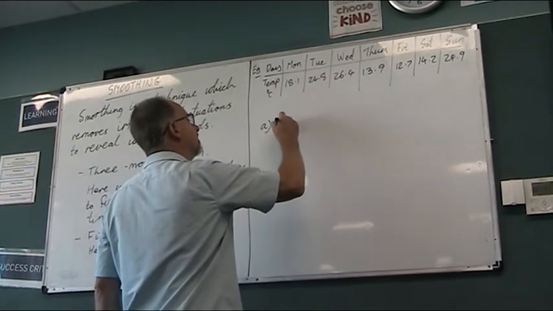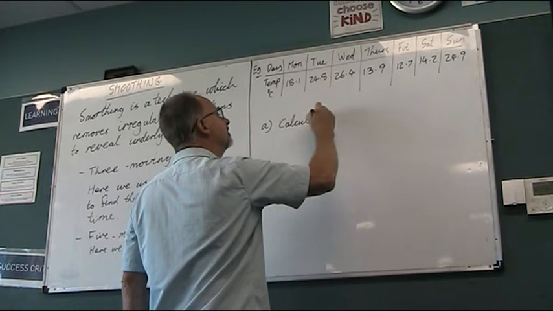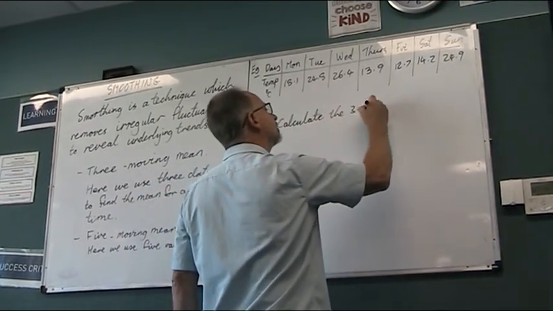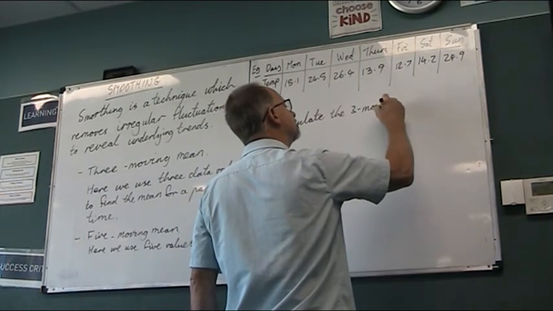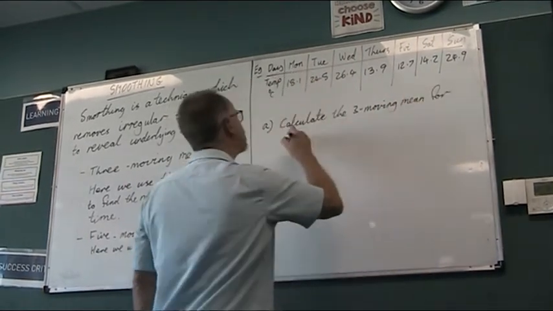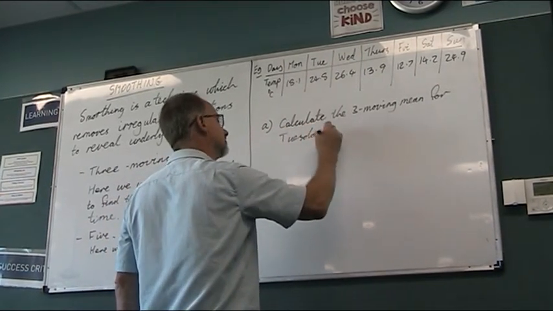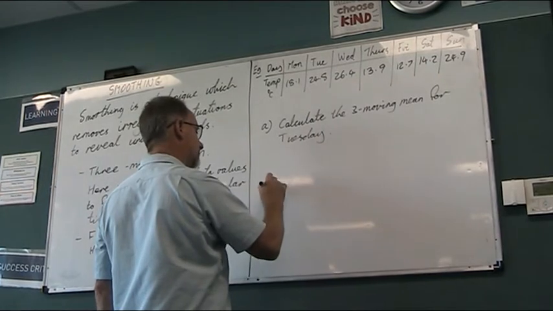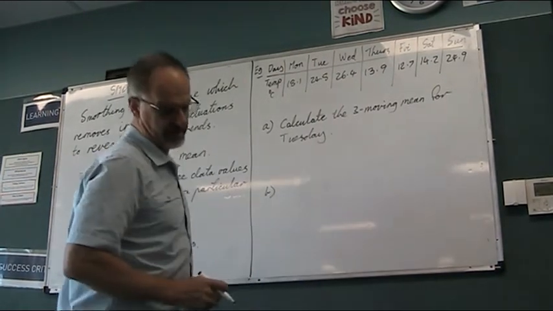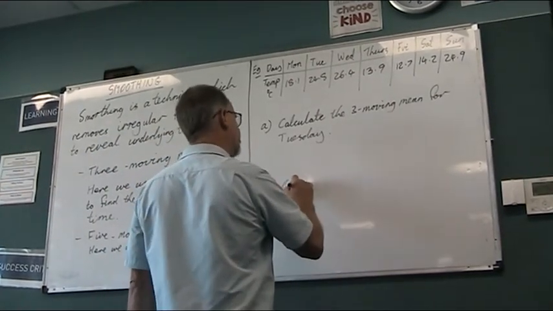The first part is for us to calculate a 3 moving mean for Tuesday. I'm going to leave some working space there. And the other one is 5 moving mean.